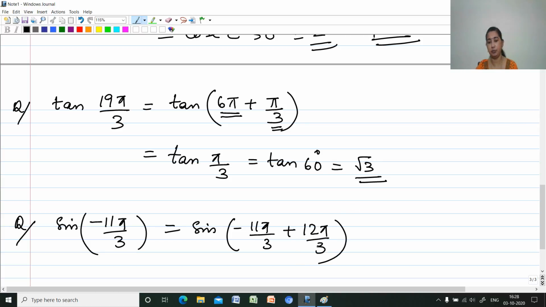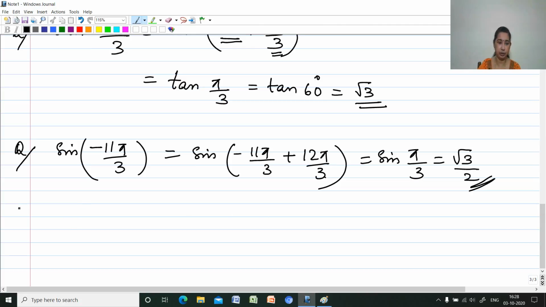That means 12 pi by 3 is 4 pi, and 4 pi means 2 complete revolutions. So in order to complete this, I have to add 12 pi by 3, the next complete revolution, which is a greater angle. So this can be written as sine pi by 3. And how much is sine pi by 3? That is sine 60. Sine 60 value is root 3 by 2. So that's the way in which you have to find the answer.